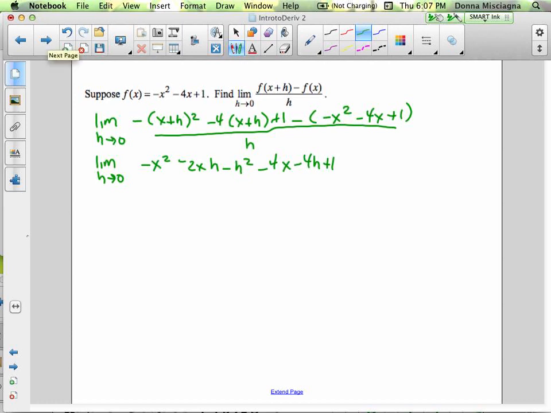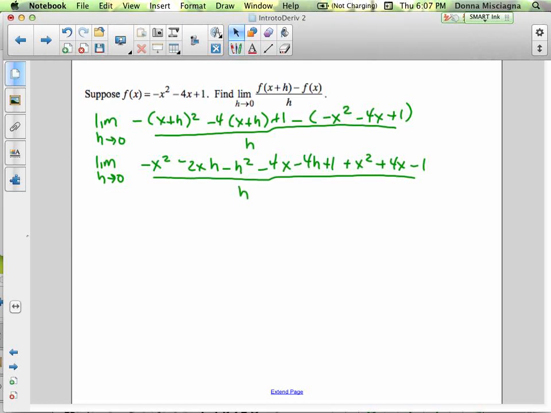So that would be plus x squared plus 4x minus 1, all divided by h. And we can cancel out some terms, the negative x squared and the positive x squared, the negative 4x and the positive 4x, and the 1 and the negative 1. Actually, everything that doesn't have an h should cancel out.